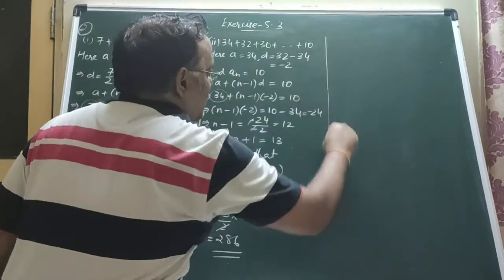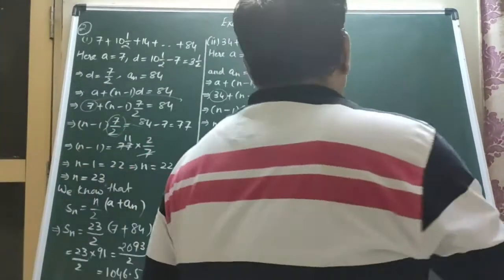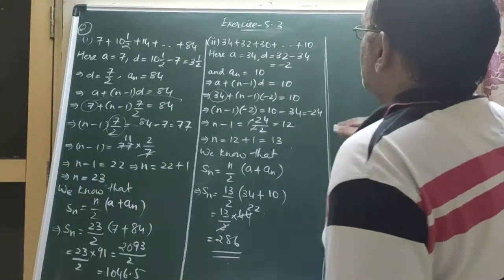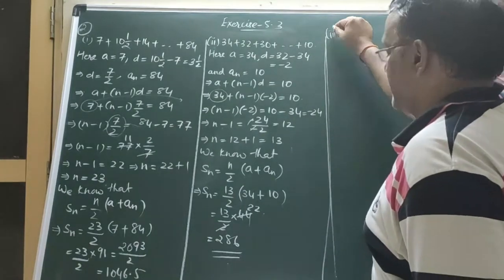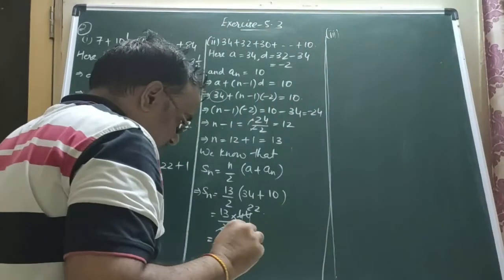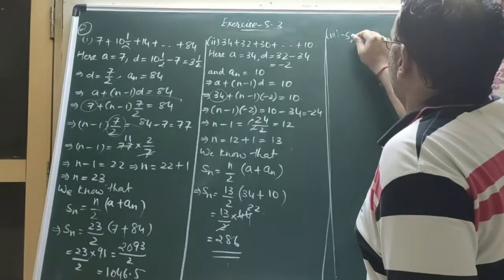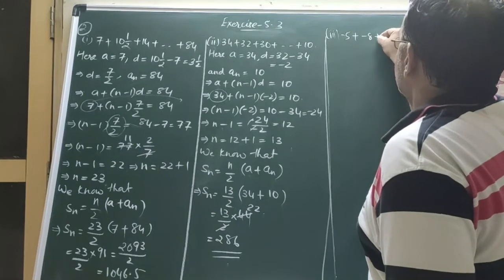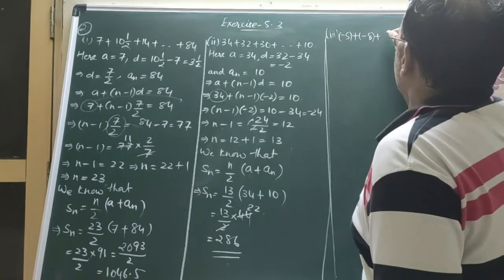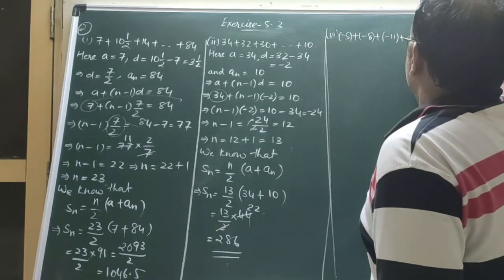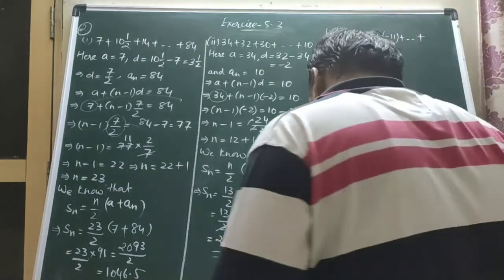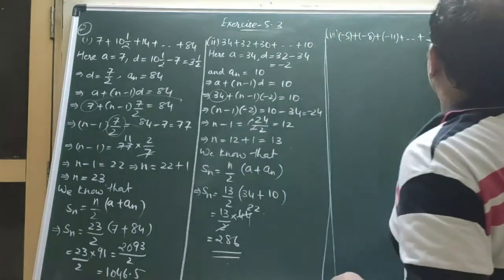Okay. So now the third bit, I think second question का third bit last है. Minus 5, minus 8, minus 11, and the last term is minus 230.